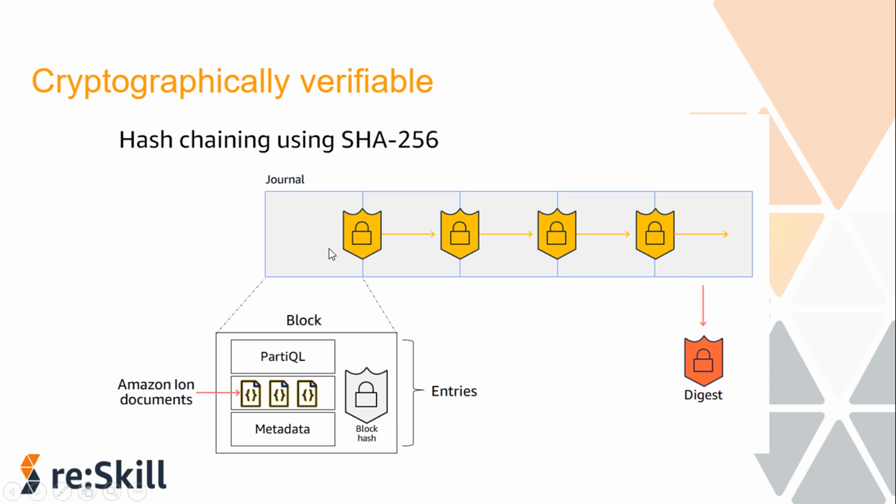You can have a look at this diagram. It shows a digest that covers a journal's full hash chain at a point in time, and the journal blocks are hashed using the SHA-256 cryptographic hash function and are sequentially chained to the subsequent blocks. Each block contains the entries that include your data documents, metadata and the PartiQL statements that ran in the transaction.